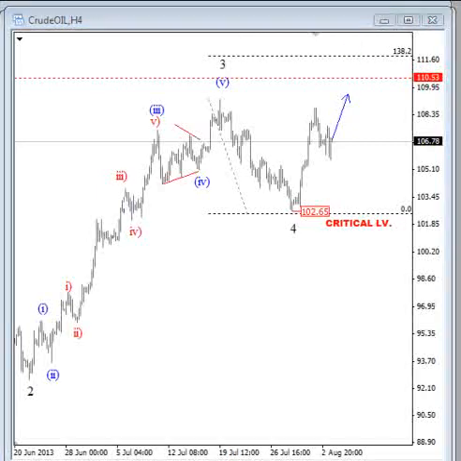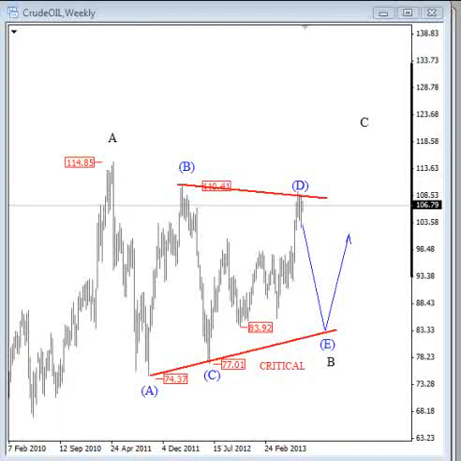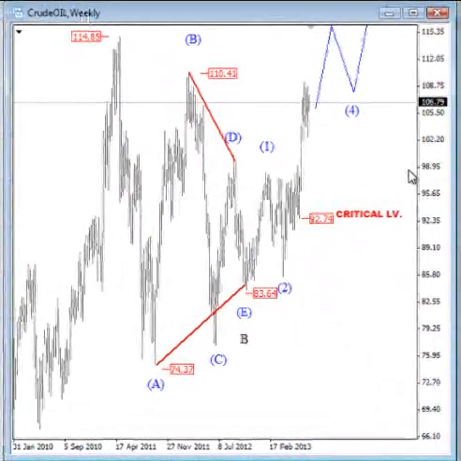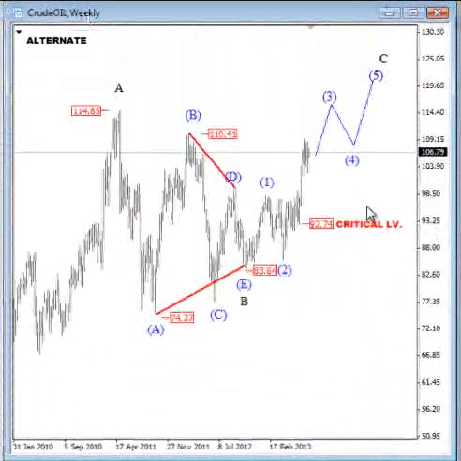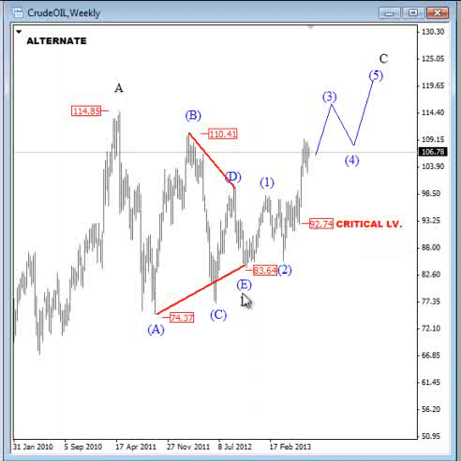We will just switch to the larger weekly picture and start tracking this wave count, which suggests that this triangle already finished last year in October here, and that we are now moving higher in impulsive fashion.